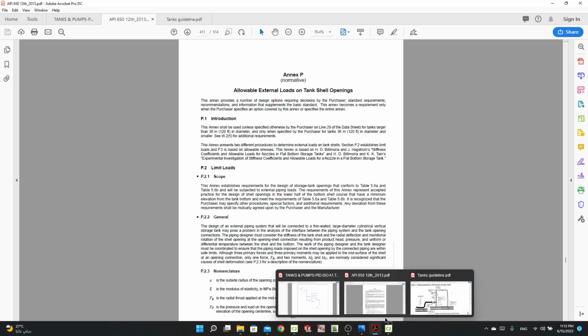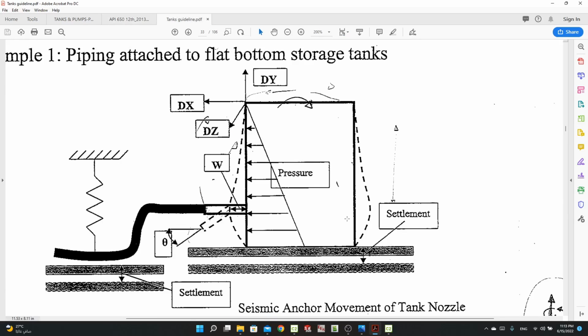First of all, let me explain some stuff. W means the radial expansion of the shell. Theta will be the rotation due to the bulging of the body of the shell. And we have the pressure and the settlement. The settlement is the foundation of the tank after filling the tank with hydro test or due to operation.